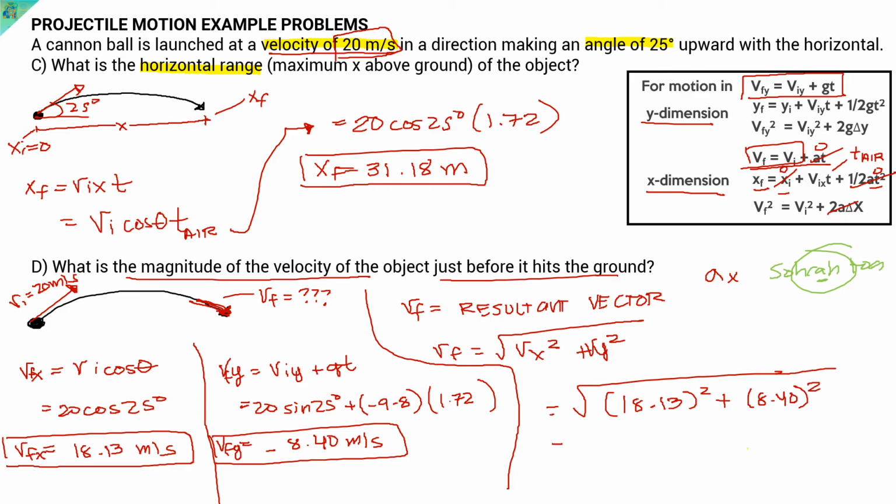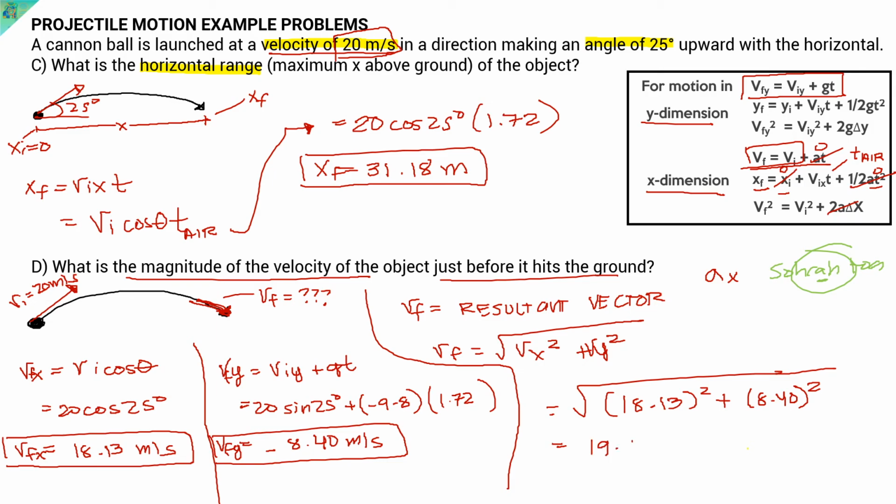Let's put that in our calculator. 18.13 squared plus 8.40 squared. The answer for that is 19.98.